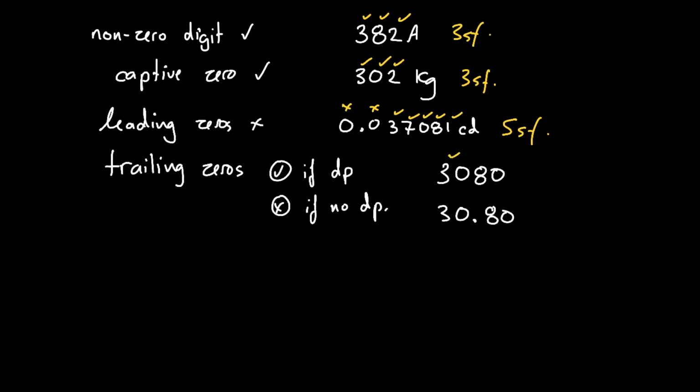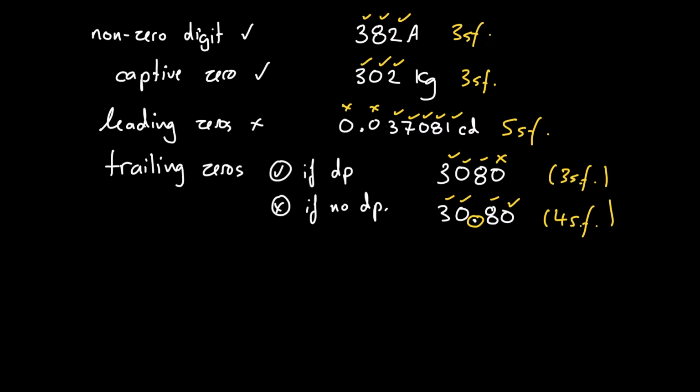In this case, we know the 3 and the 8s count. The captive zeros count for both of them. But for the 0 to the right-hand side, there is a lack of a decimal point in the first one and there is a decimal point in the second one. That means the first one only has 3, whereas the last one has 4 significant figures.